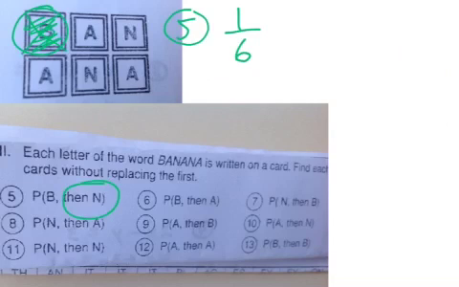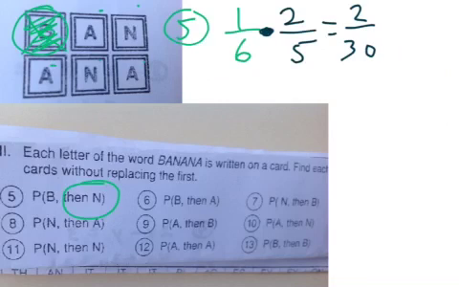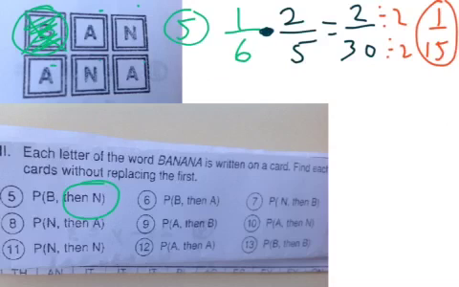There's no more B. And notice that there's now 5 cards, not 6 cards, and that's the key thing. So finishing up the problem, I know there's 2 N's left out of 5. And whenever we combine probabilities, we're going to multiply. So I'm going to get 2 out of 30. Reducing by 2, I'm going to get 1 out of 15.